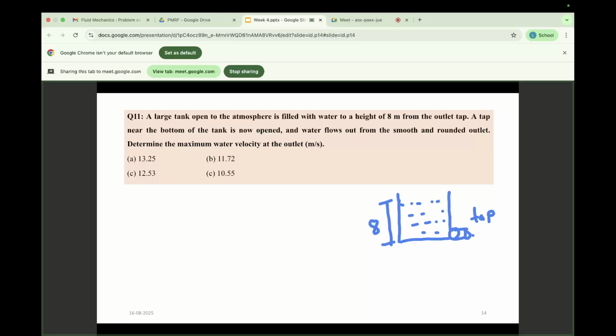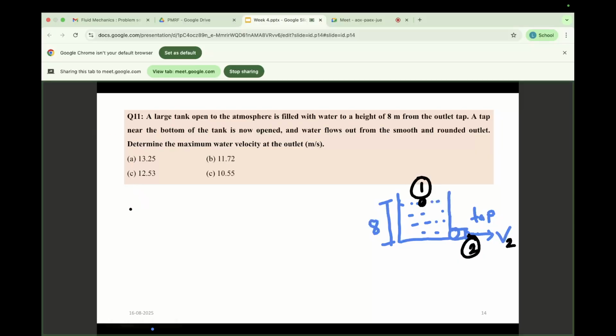And this one at the bottom. You need to find the maximum velocity at the outlet. That means you are asked to find v at this point. So I will take one point here and the next point here. This is point 1, this is point 2. You are asked to find v2.